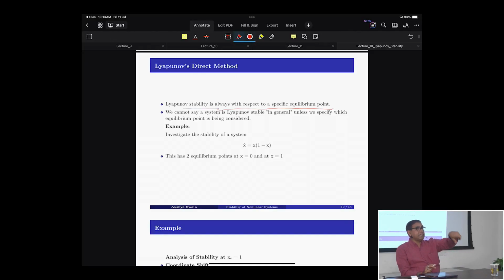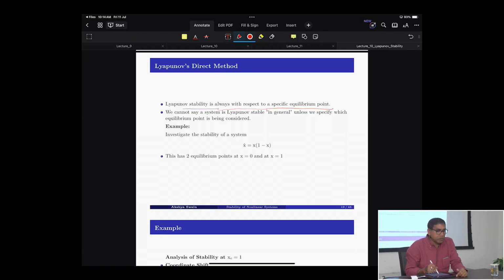Then start analyzing it. Next point is how it is different from linearization, because in linearization you are assuming the system operates within a small region, but here you don't assume that. Here you take a Lyapunov function, so people say this is the stability information based on this Lyapunov function. By changing the Lyapunov function, the stability information may change. Got a point? So that is the point.